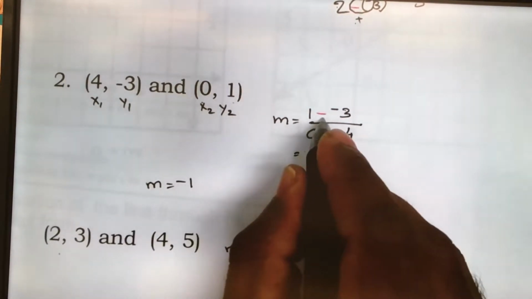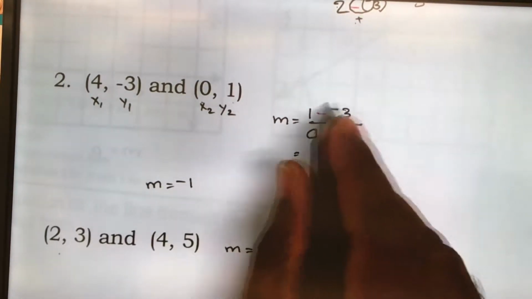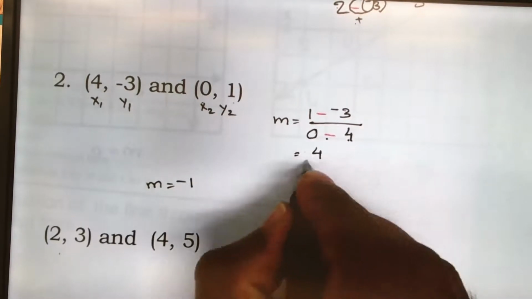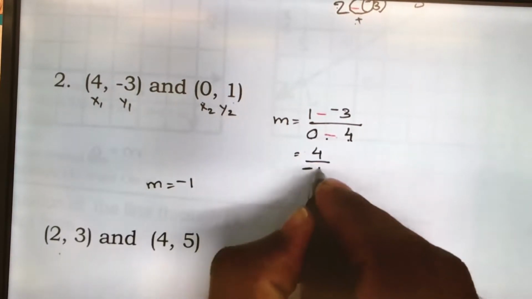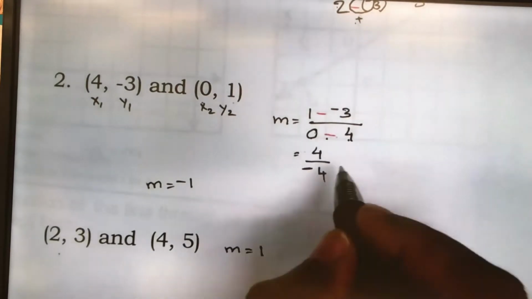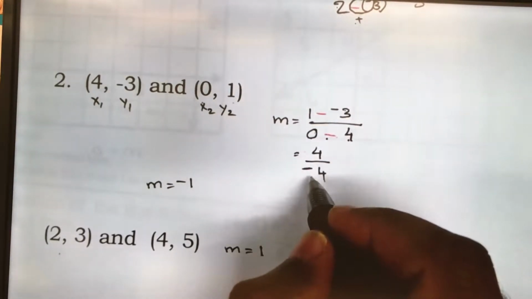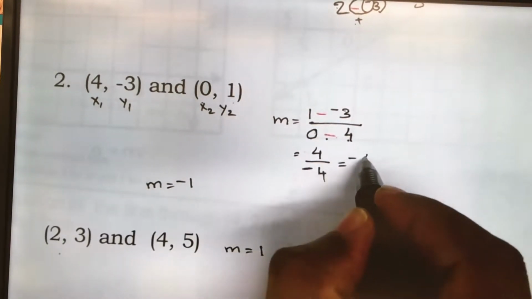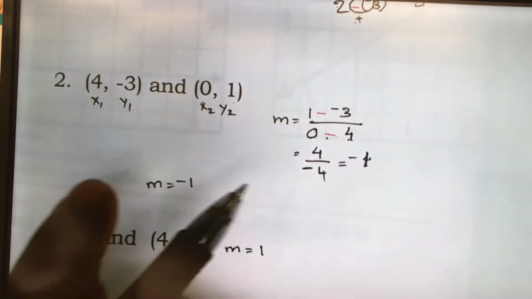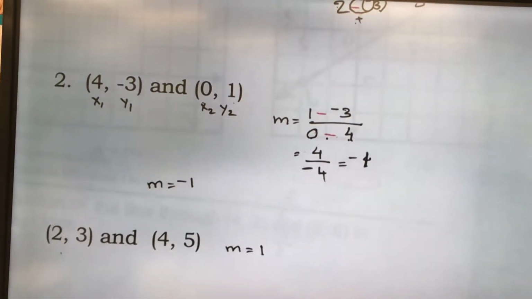Two negatives coming together become 1 plus 3, that becomes 4, and 0 minus 4 is -4. So 4 divided by 4 is 1. Since we are dividing by a negative number, that becomes -1. So that's why the slope is -1. I hope you can do this problem by yourself.